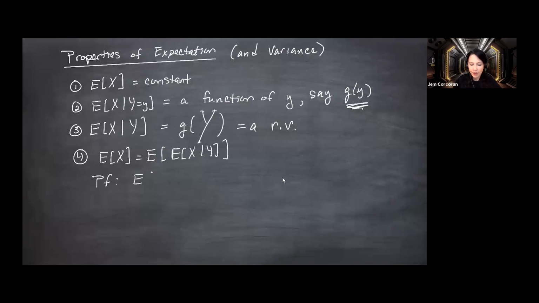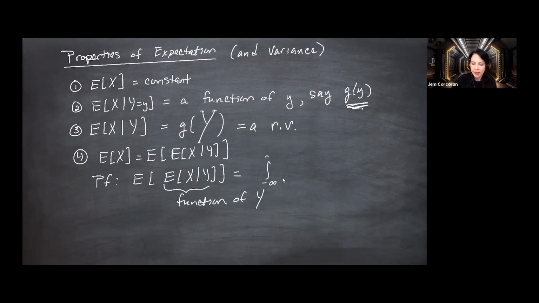The expected value of x given y. So again, this thing inside is a function of capital Y. So to compute this outer expectation, I would integrate from minus infinity to infinity the function with a little y plugged in. And then I would integrate it against the PDF for little y.